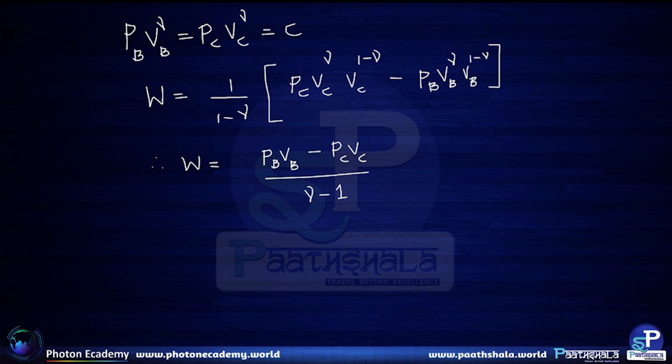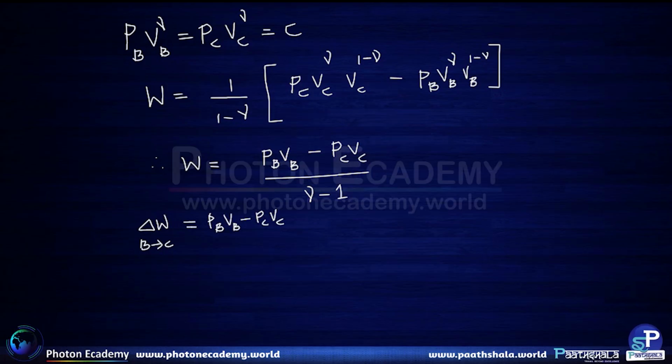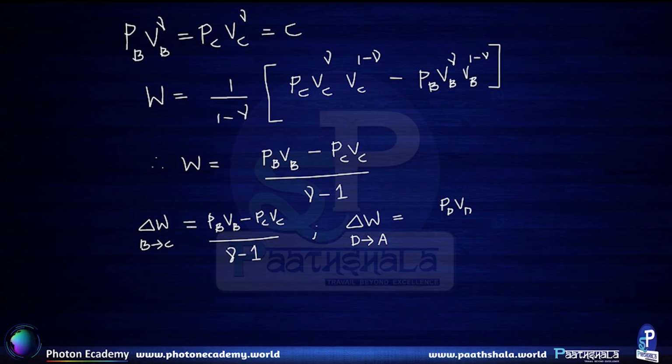So this is the work done from going from B to C, which is equal to PbVb minus PcVc by gamma minus 1, and similarly we get delta W from D to A as PdVd minus PaVa by gamma minus 1.